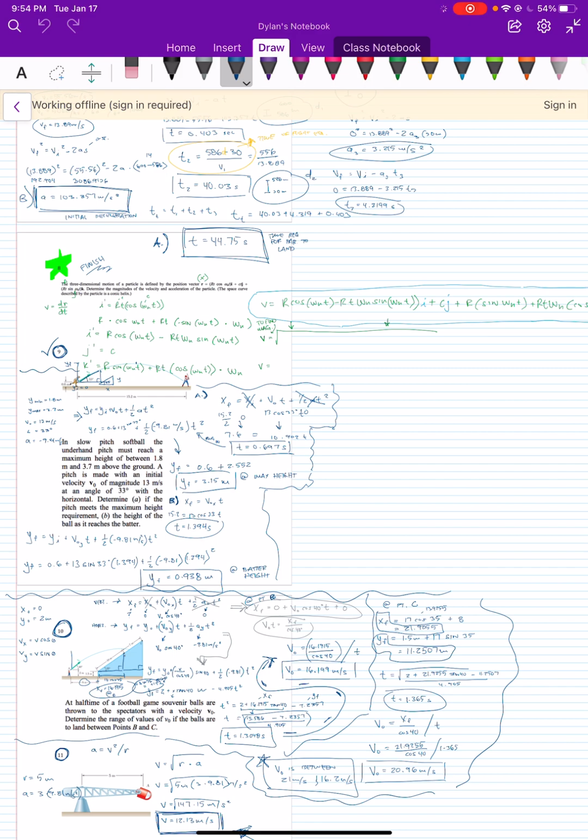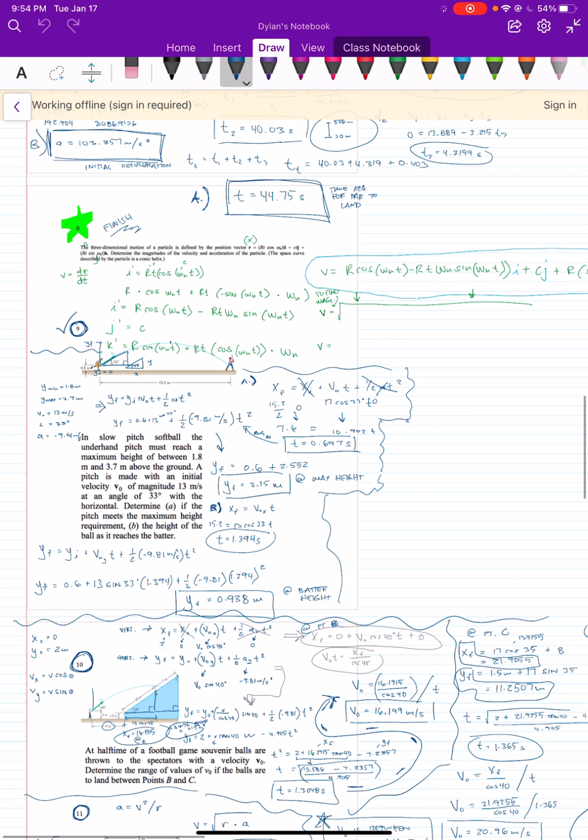This one, let's see. So I basically just used another kinematic equation. I looked for the thing that I did not know, plugged everything else in until I just had one unknown, got my max height, which was in the very middle of that parabola from the pitcher to the batter.